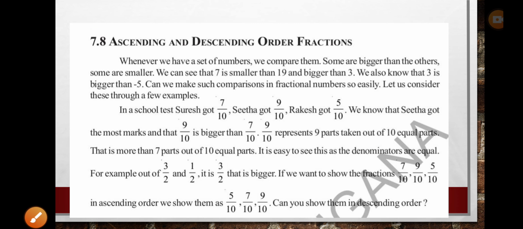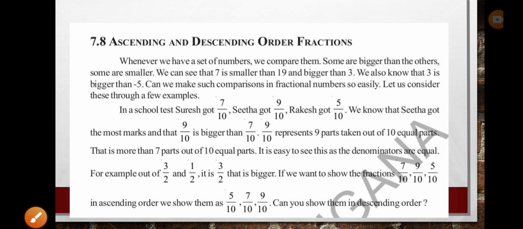All these have 10 equal parts. The one with the lowest value is 5 parts, it is small, so 5/10. Next value 7/10, then 9/10. So as they are like fractions, we can easily write the ascending and descending order of the fractions.